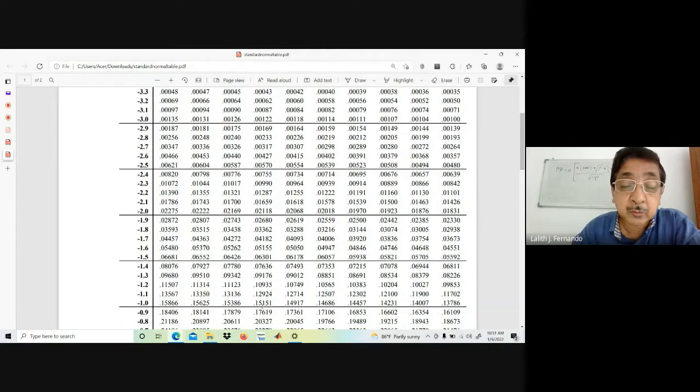Now what is the additional amount here? We need to get 0.15, but here you have 0.15151. So what is the difference here? The difference is 0.00151. Is that okay? Yes. 0.00151 has been added to 0.15 here.